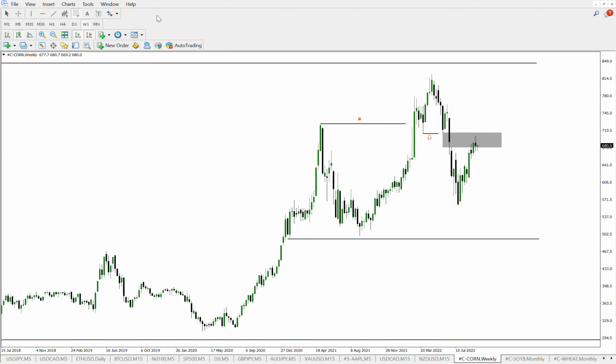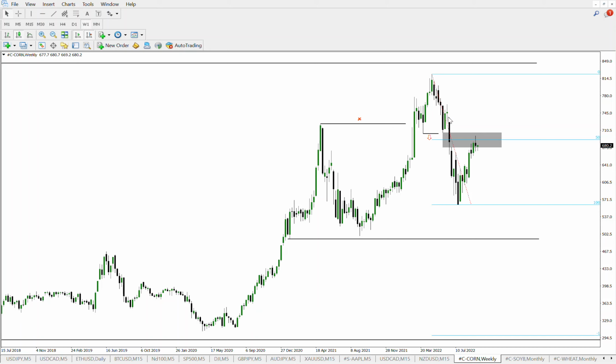Okay, and as you guys can see, price came down. We created a low, just came short of this fair value gap, created a swing low, and we have since rallied back up into the middle of the range. So we are currently sitting at equilibrium, just under equilibrium of the current price swing.